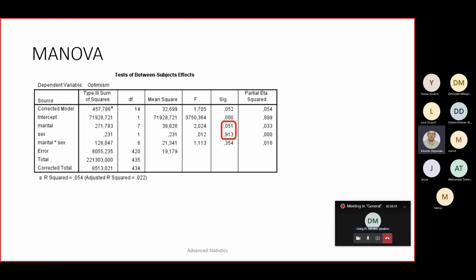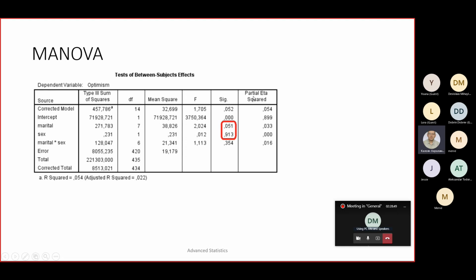In PSPP, there is no automatic option to obtain partial eta squared, but we can calculate it manually.